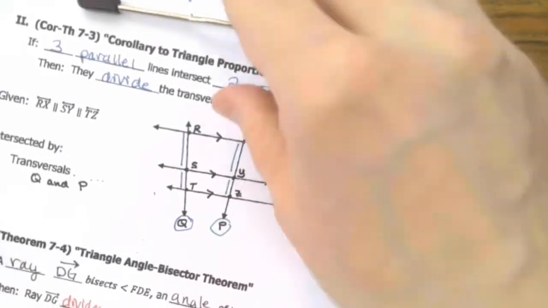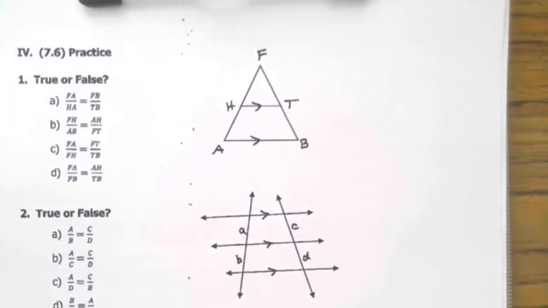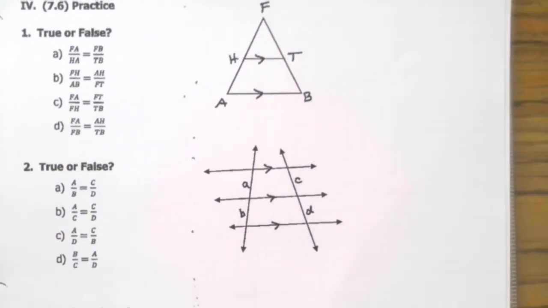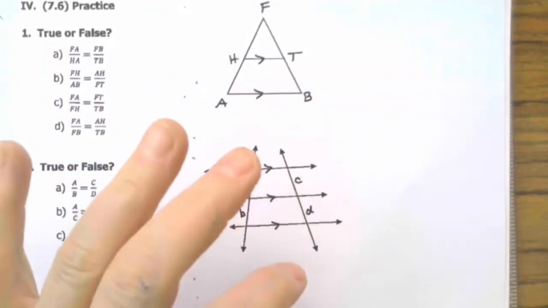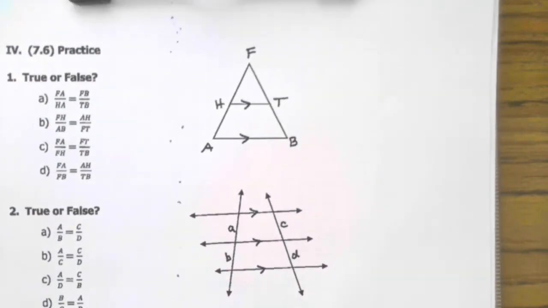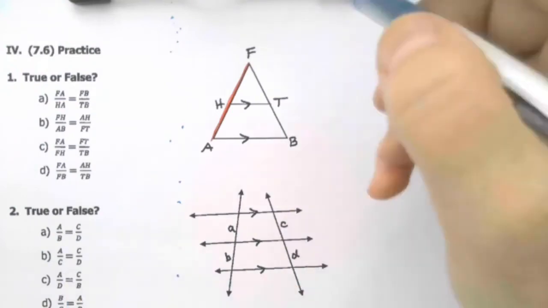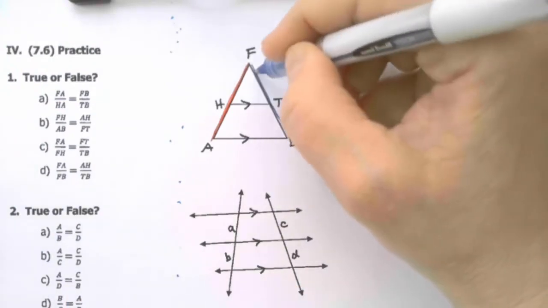Okay, flip the page. We're going to practice the corollary. All right, true or false? So, basically, when it comes to either 3 parallel lines or 2 parallel lines, the pieces have to match up. Now, in the case of this drawing, the pieces of AF have to match up with the pieces of FB.